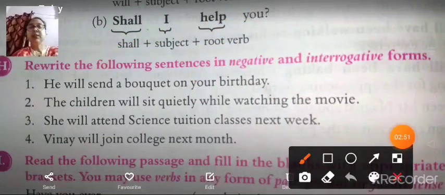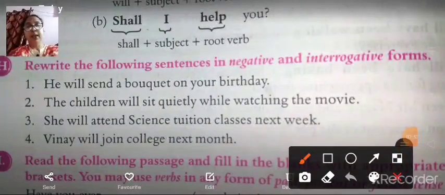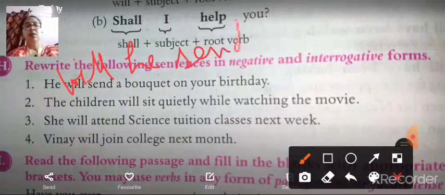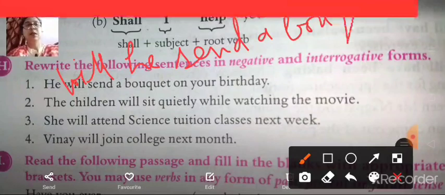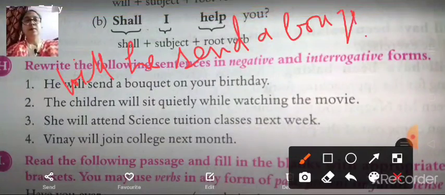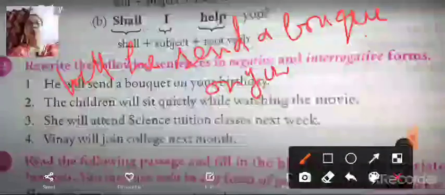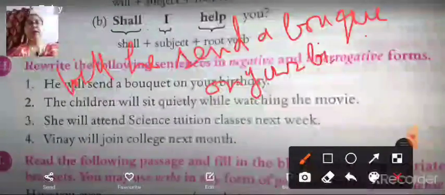Now this same sentence we are going to write in the interrogative form. So, will he send a bouquet on your birthday?